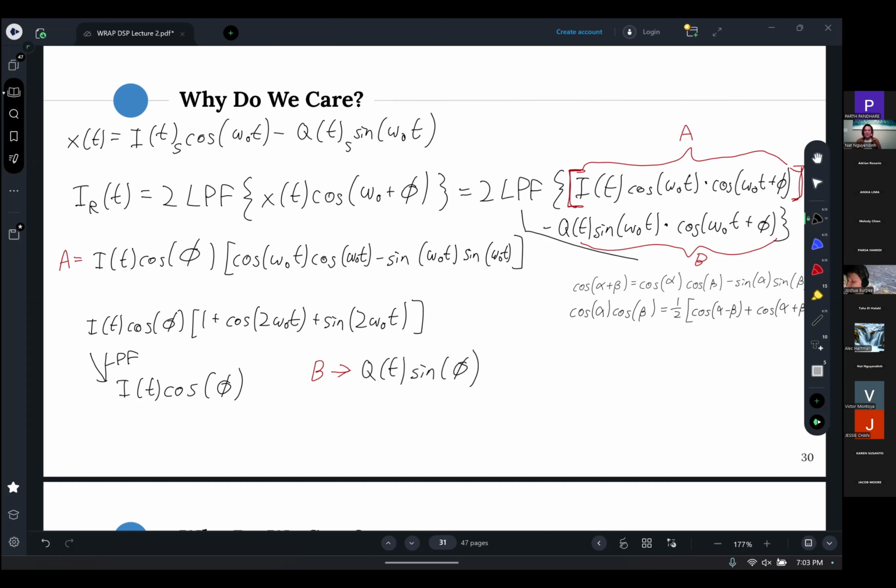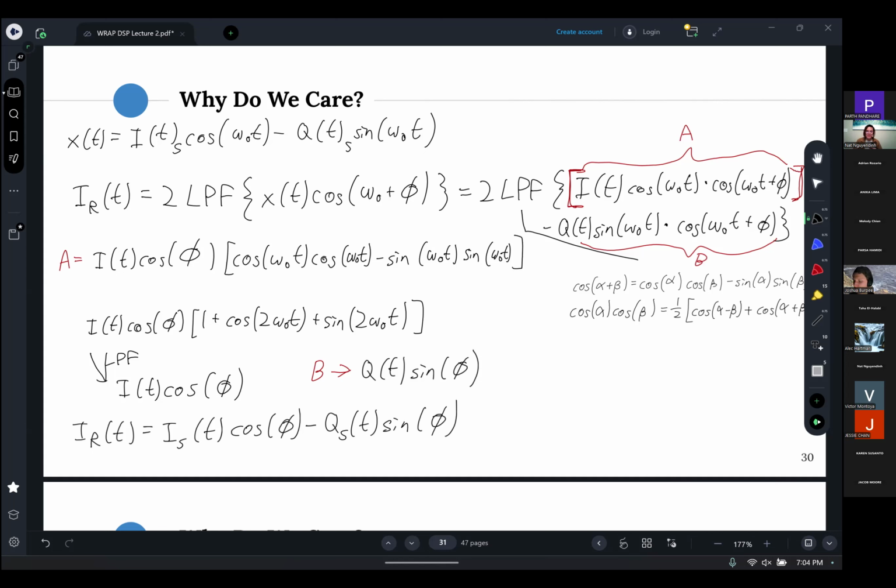You'll never have to use this derivation, but this gives you some good context for why things happen the way they do. So when we demodulate, it's going to give us I of t multiplied by cosine phi minus Q of t sine phi.